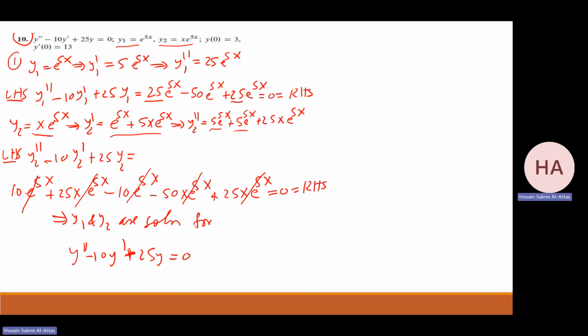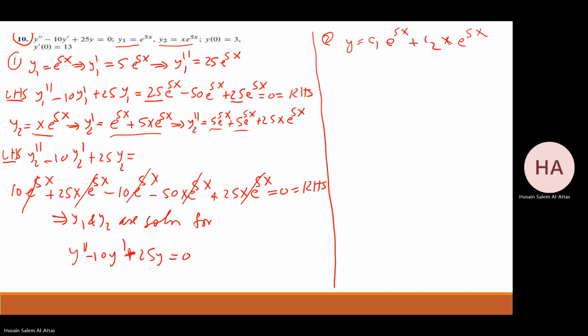Okay. Now we need to find the initial conditions. This is part 2. I have y equal c1 e to the power 5x plus c2 x e to the power 5x. Okay. Now I need to find the conditions.